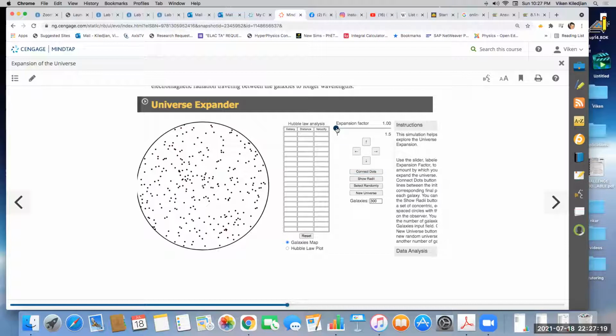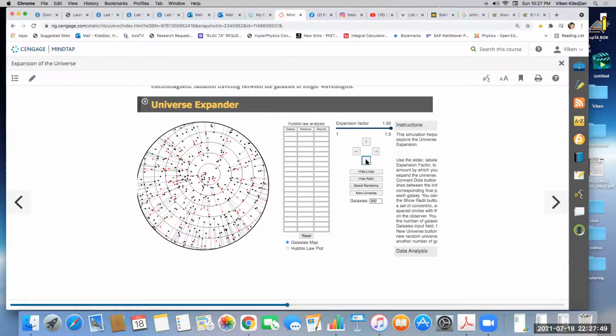Okay, so now I have expansion factor 1, connect dots. Okay, so here's what happened. The expansion went from whatever it was to 1.5. So let's see here, the radii.